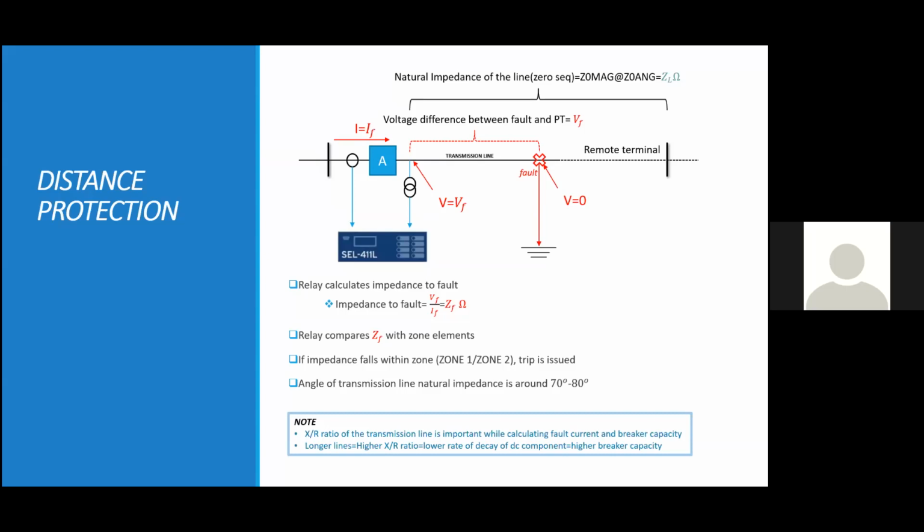So this higher X/R ratio correlates to a lower rate of decay of the DC component on the fault current waveform. And if you have a higher DC component, then you need a higher capacity breaker, because it's going to take a longer time for the arc to completely quench.